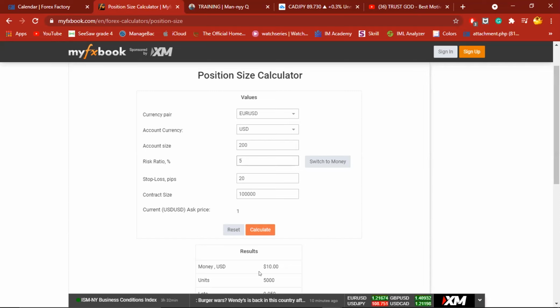Once I've found out that my risk is $10 over here, I will come back and find out what 1% of a trade is. So I now know that 1% of any trade that I take is the equivalent in money of $2, okay, guys? So I know that 1% per trade with a $200 account is $2.